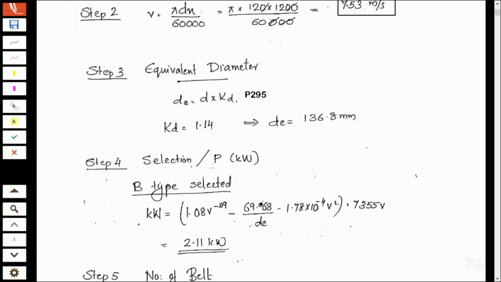This factor is obtained from the table 14.15, which is there on the page number 340. Now let us see what exactly is provided in table number 14.15 and also on page number 295.